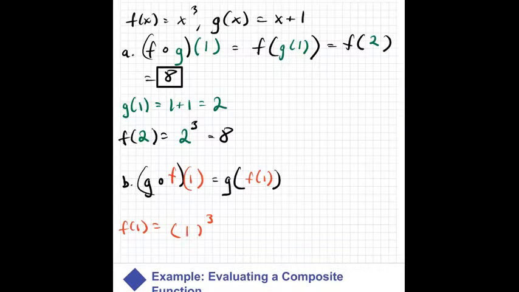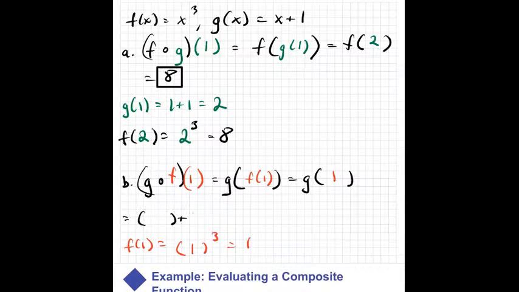Then we're going to do g of 1. g is x plus 1, but the x in this case is 1, so that result is just 2.